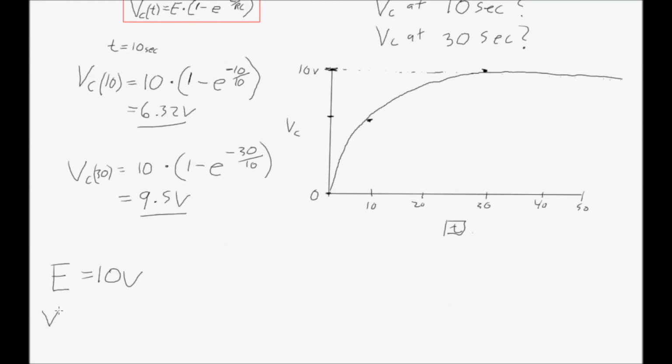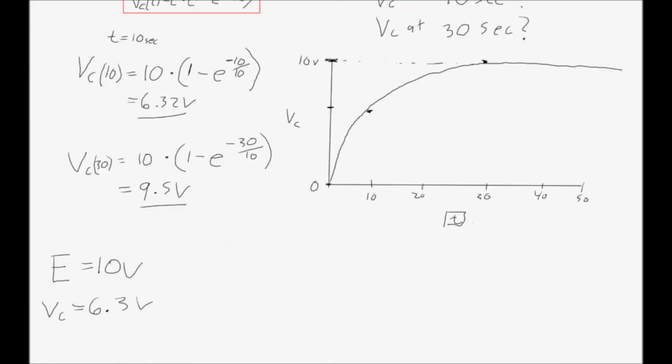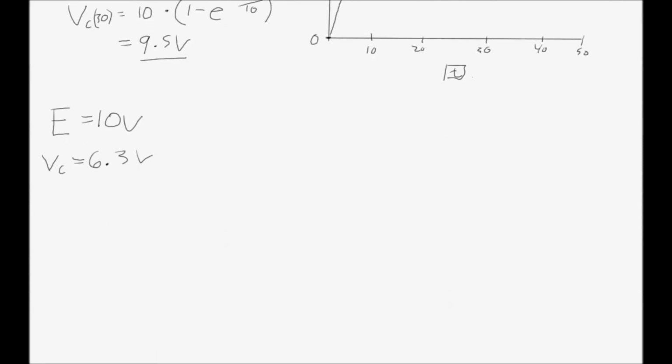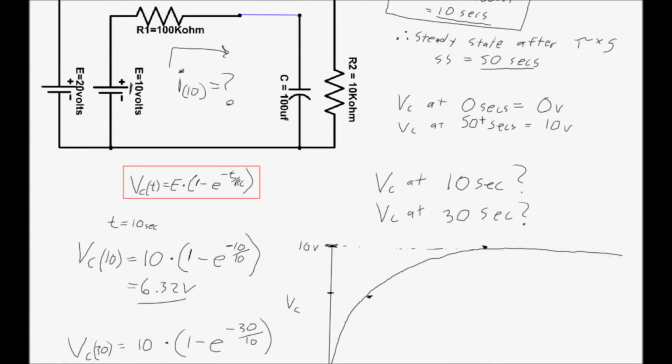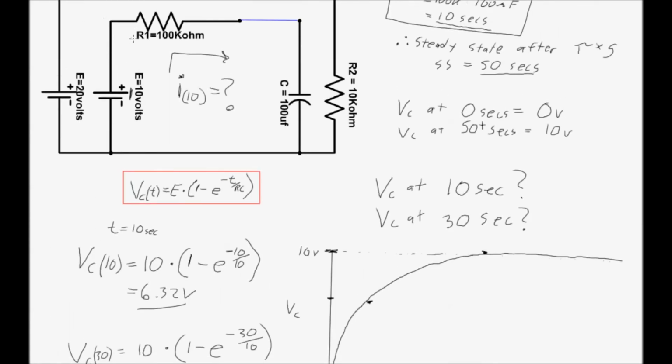You have a voltage opposing that 10 volts of 6.3 volts from the capacitor. What's the voltage drop across the resistor going to be? It's just going to be the difference between the two. Voltage across the resistor, E minus VC, 10 minus 6.3, VR at 10 seconds is going to equal 3.7 volts.